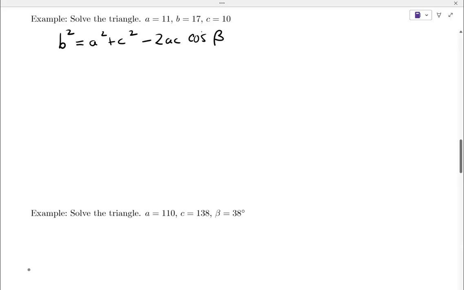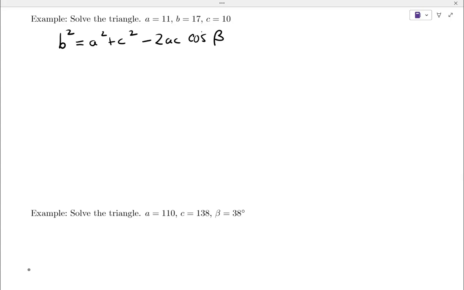I looked back and thought, hey, that's not what I wanted to write. Try that again. The side on the left-hand side of the equation has its opposite angle on the right-hand side. Then the other two sides make up the rest of the formula. Again, the order doesn't matter as long as you have those things across from each other.